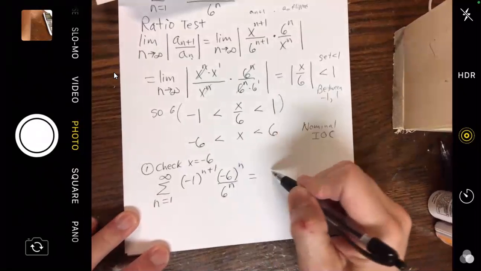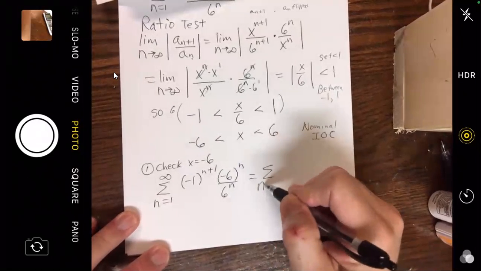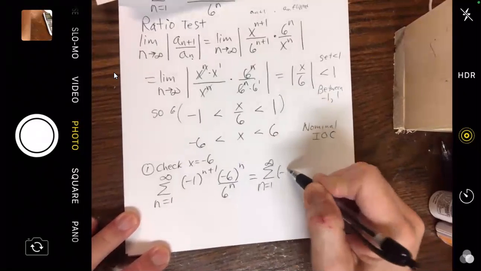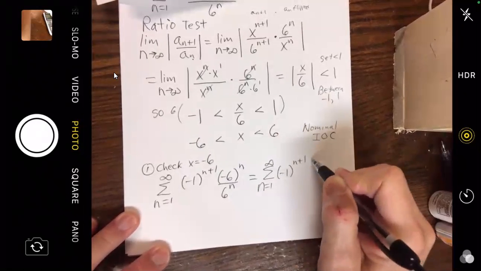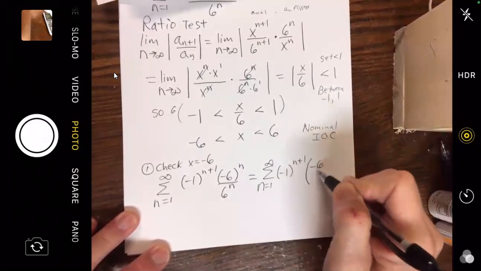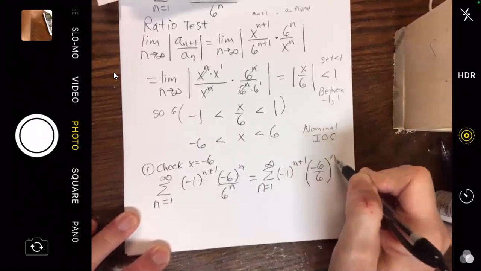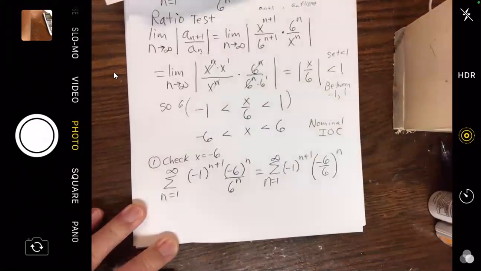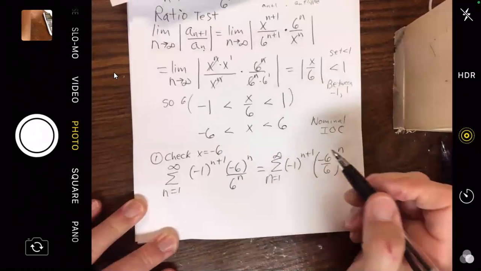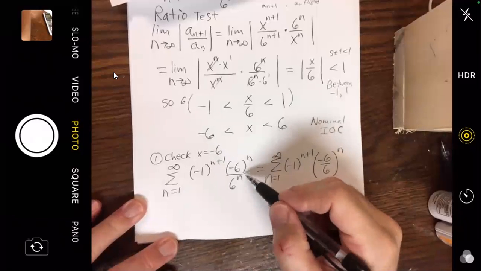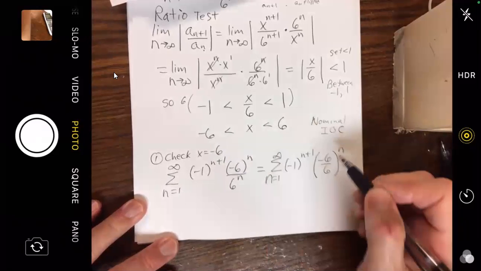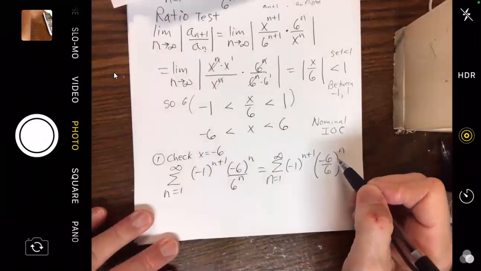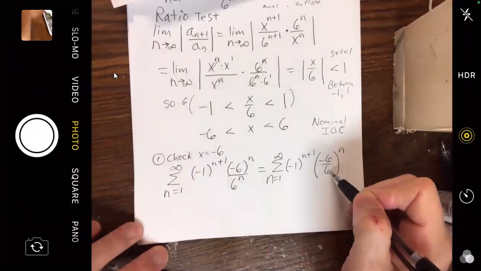I'll write out more steps here to make it more obvious. You can go -1 to the n+1, big parentheses, -6 over 6, all to the n. If each one is to an n power, then I can collect them underneath, all to the n power. And -6 over 6 is what? A -1.